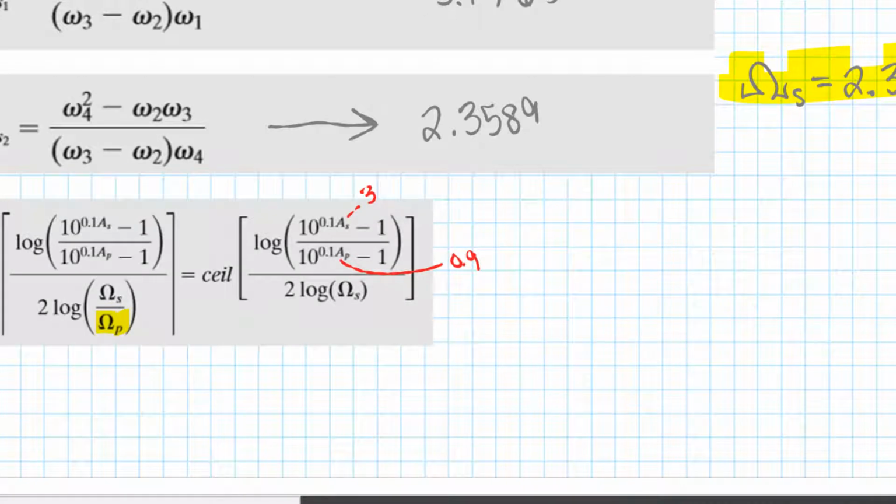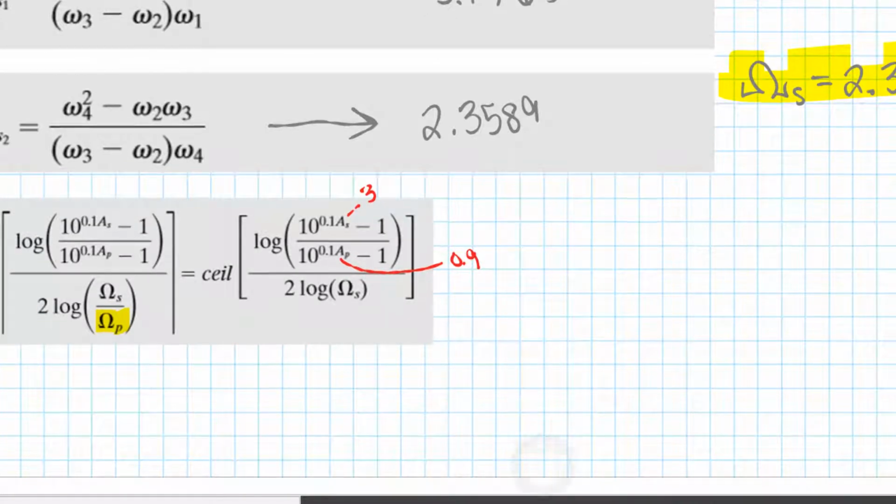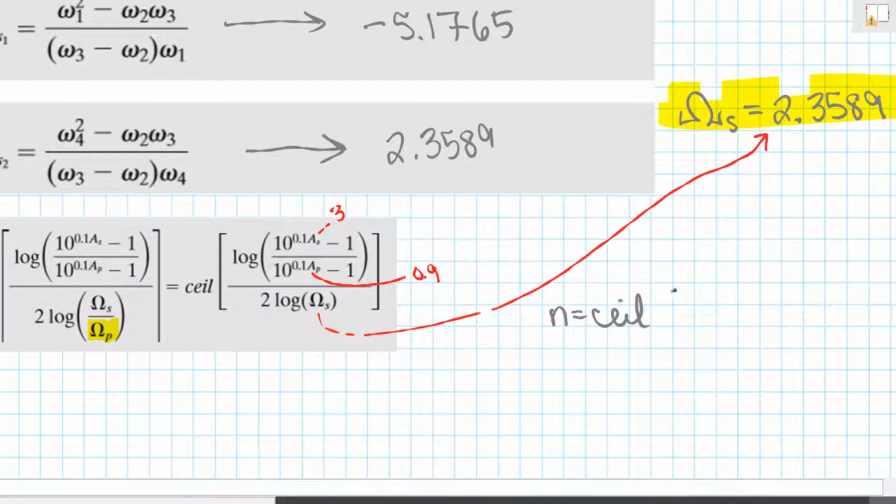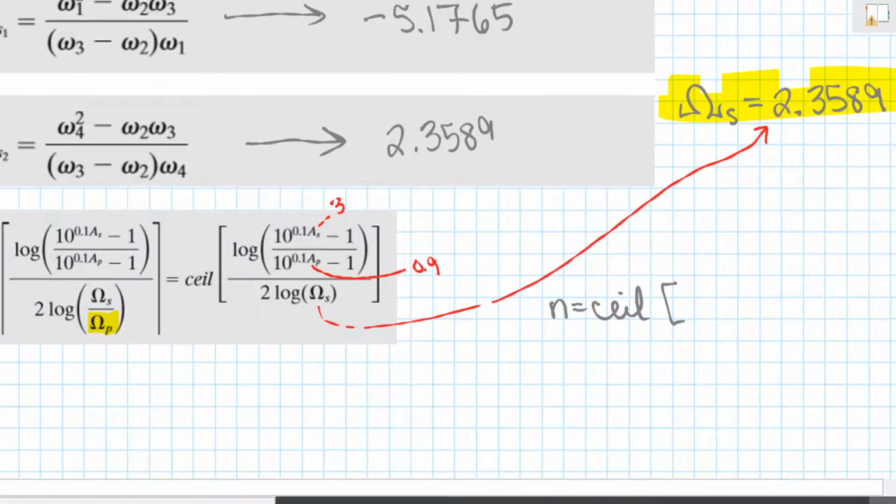And then our omega sub S we just found. So you want to evaluate everything in brackets there. And I got 0.8528, and you just always go up to the next integer. So that would be 1. So we just have order 1.